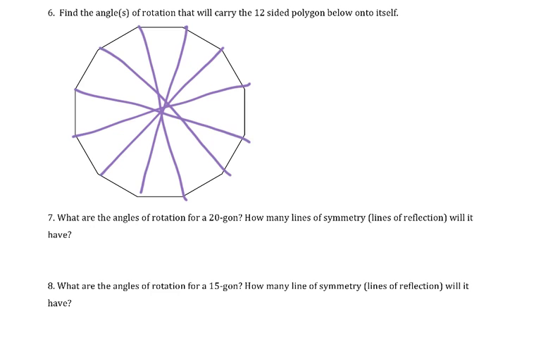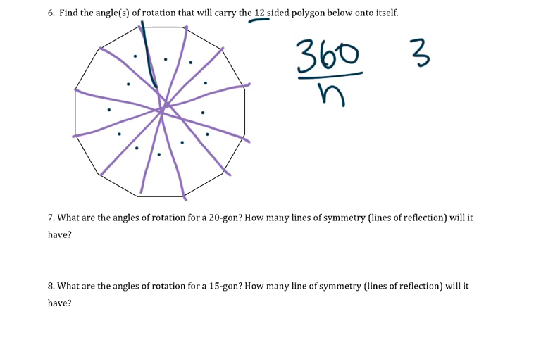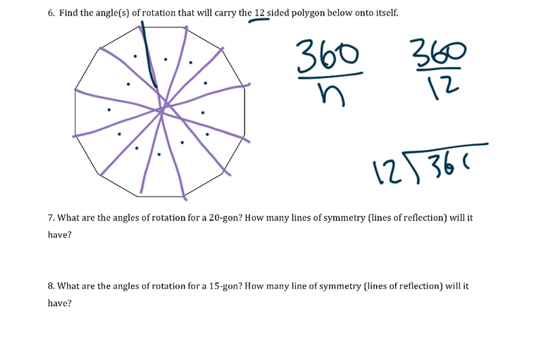Like that. So 1, 2, 3, 4, 5, 6, 7, 8, 9, 10, 11, 12. So same as the number of sides, right? So if we take 360 divided by the number of sides, in our case 360 divided by 12, that goes in 3 times, so 30. So it would be 30 degrees.